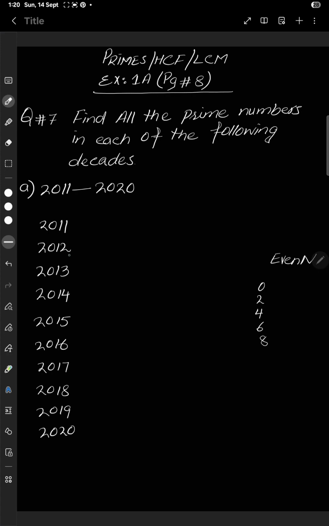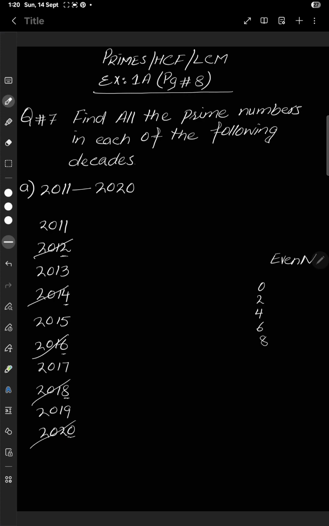So if any number has 2, 4, 6, 8 or 0 as a last digit, those numbers are divisible by 2. So if they are divisible by 2, they cannot be prime numbers. So yes, I will cut these numbers because they are not prime numbers.